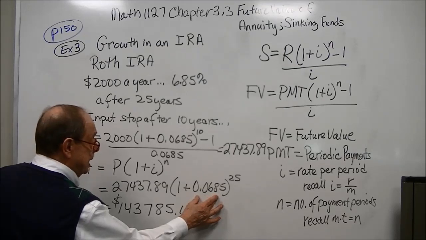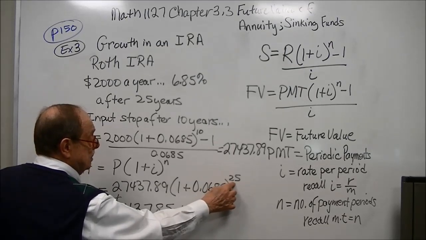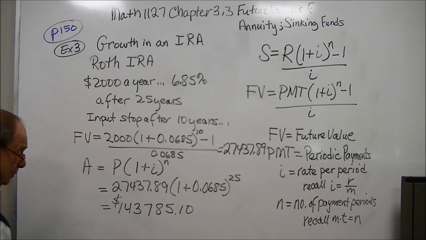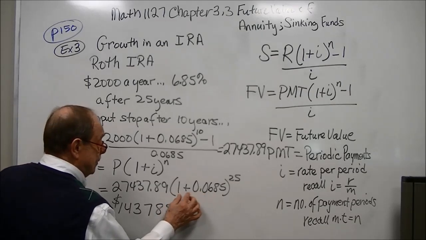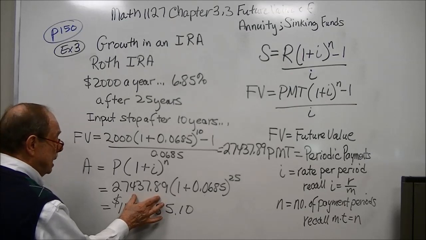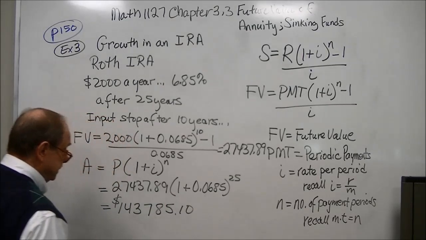There's our rate again. Since it's compounded annually, our N is 25. We're going to have 1 plus this rate raised to the 25th power, multiplied by this. And get ready for this, folks.